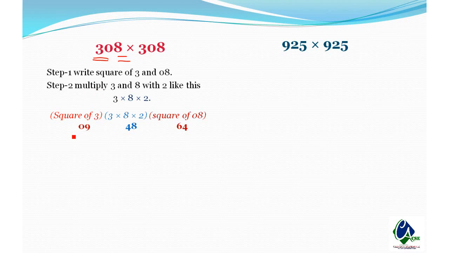Square of 3 is 9, square of 8 is 64, and multiply this 3 and 8, you get 24. Multiply this 24 with 2, you get 48. See here.